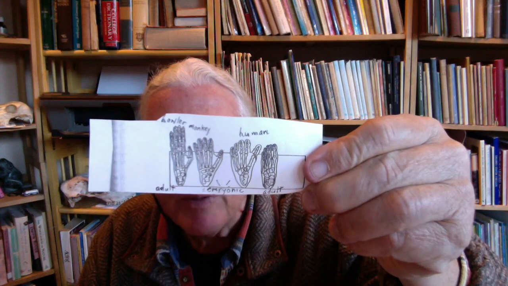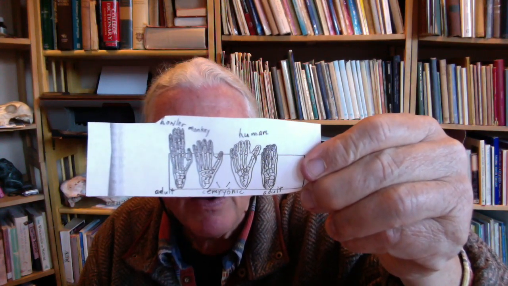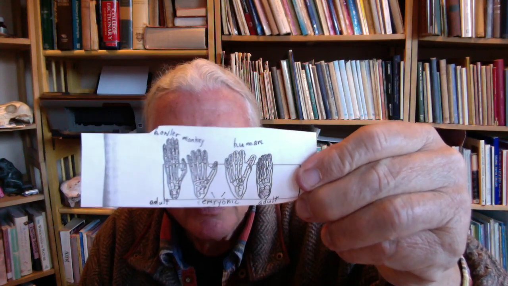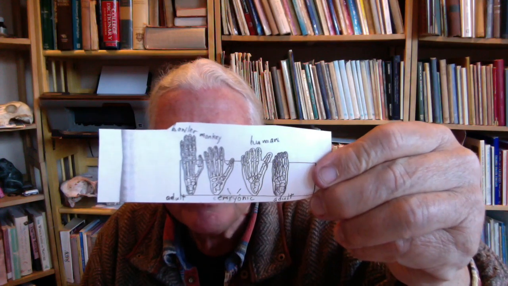In this picture we see the feet of the howler monkey and the human. The center pictures are at their embryonic stage, and the outer two are the adult forms.